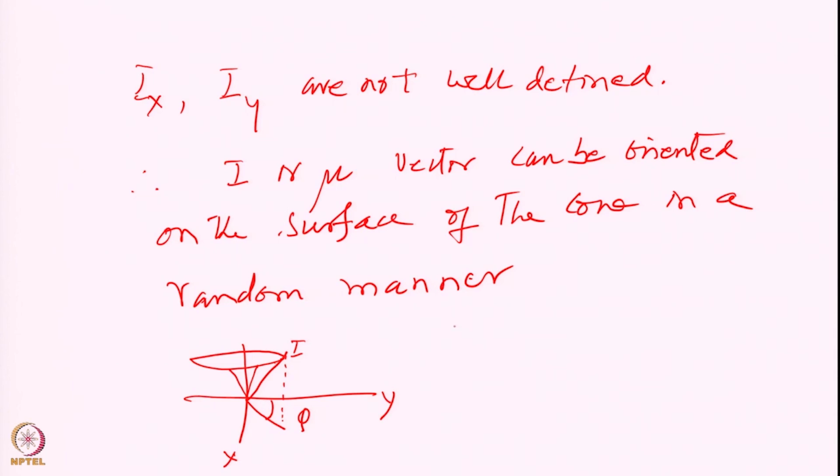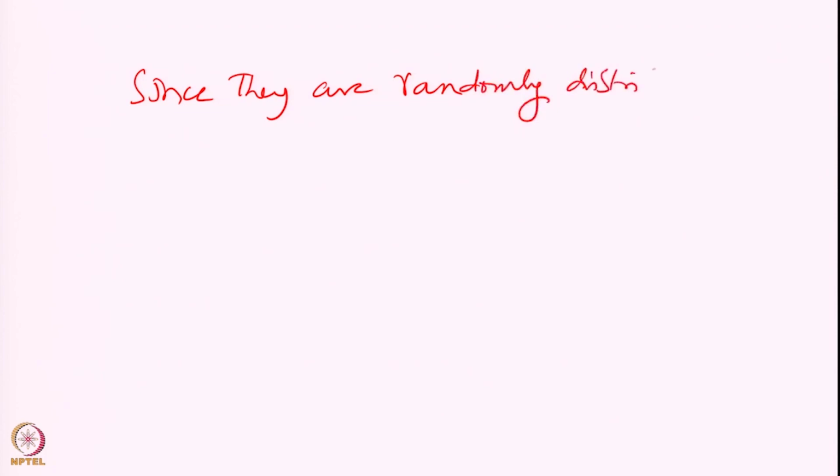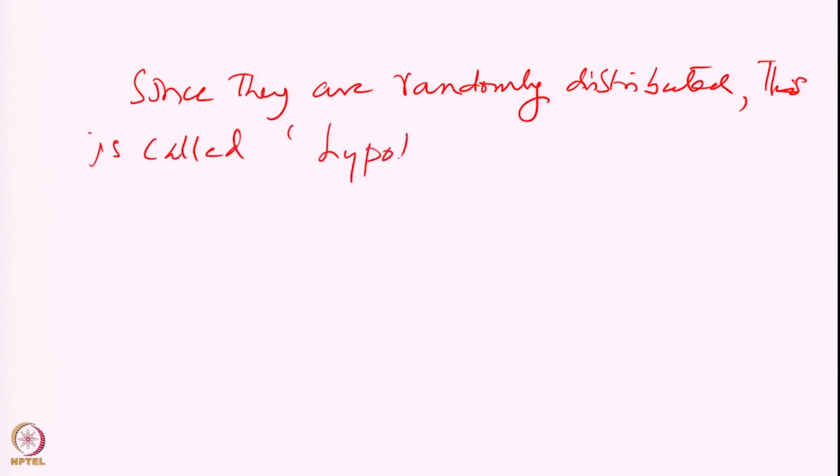Okay. So therefore this phi is called the phase of the spin. Since they are randomly distributed, this is called the hypothesis of random phases.